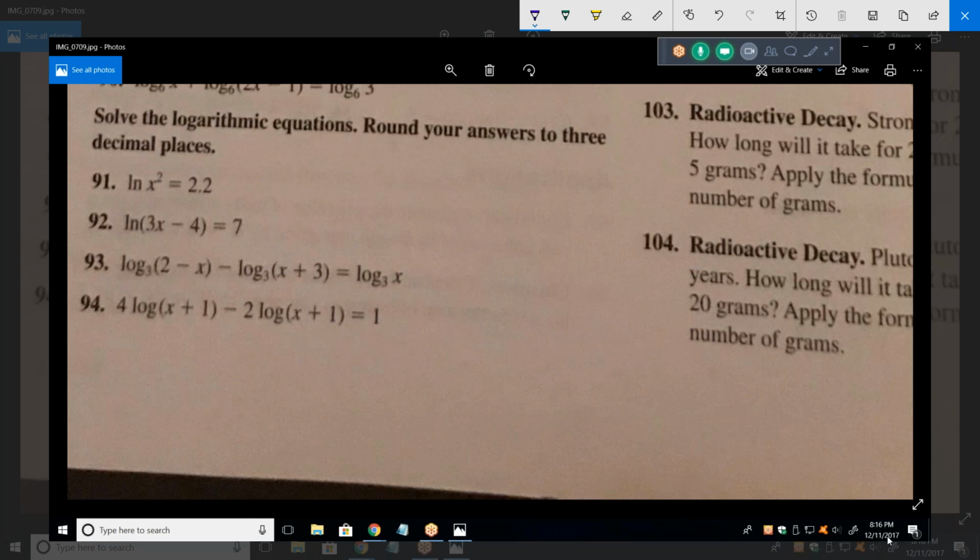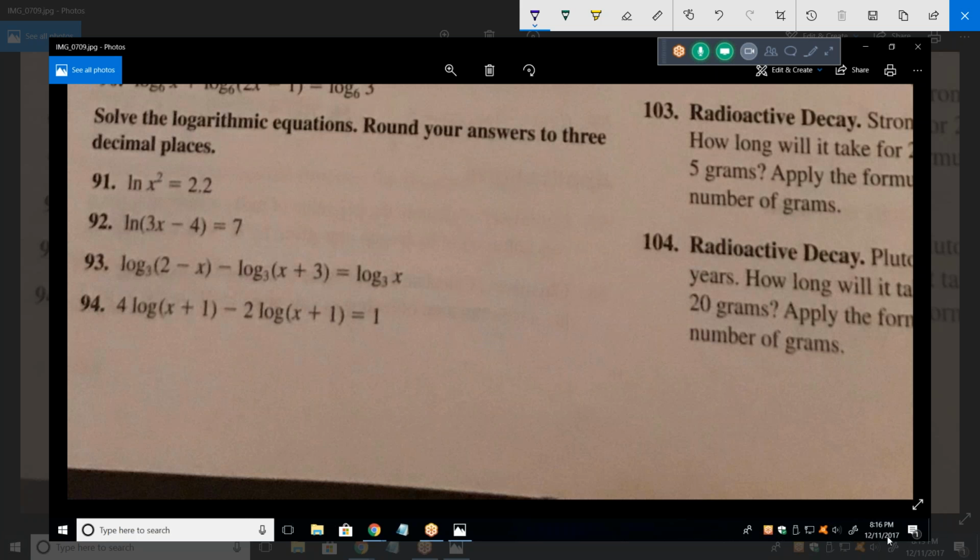Next, natural log of 3x minus 4 equals 7. Convert that to exponential format. Remember, it's the number on the far left raised to the power on the far right equals the argument. So what's the number on the far left?